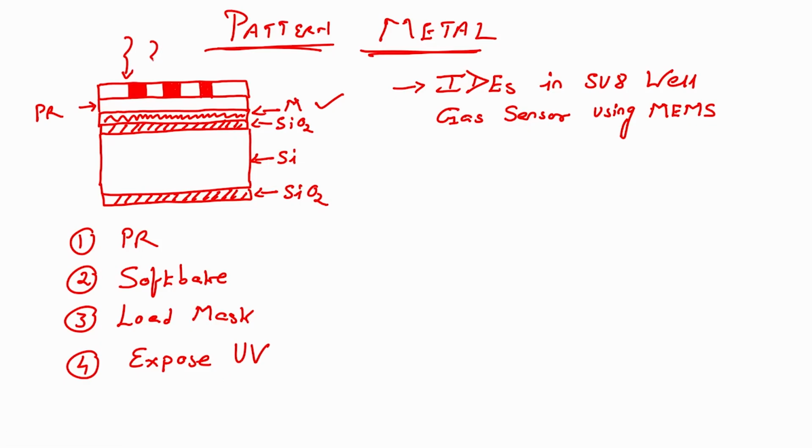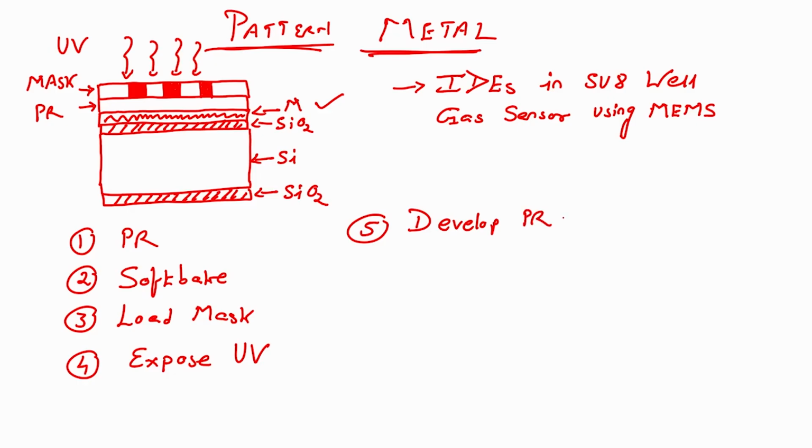So, we are exposing with UV light. This is your mask, correct. So, if I do this, what is the next step? Next step is I will unload the mask and develop my photoresist.